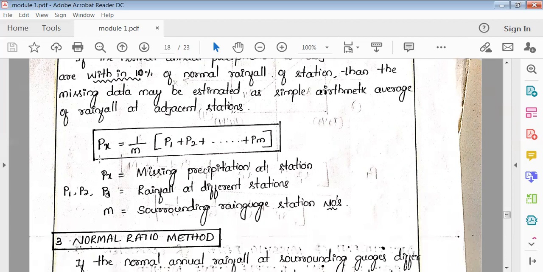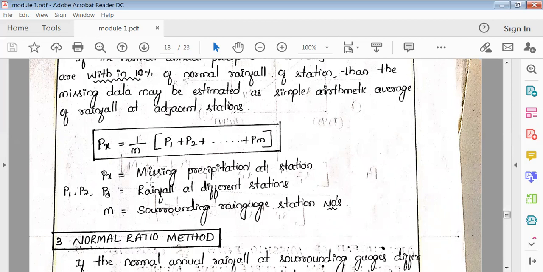If you have missed one station, say station X with precipitation P, then to find the precipitation at that station, Px is equal to 1 divided by m into P1 plus P2 and so on up to Pm, the last surrounding station.